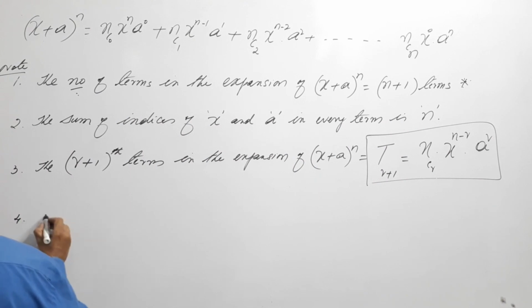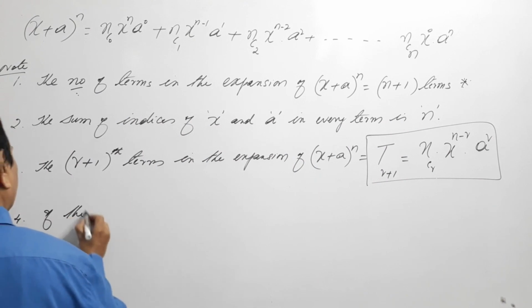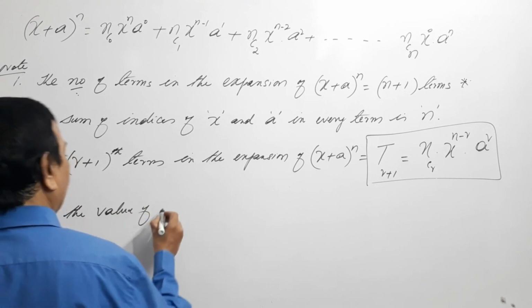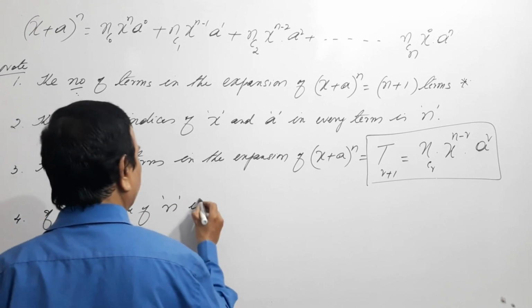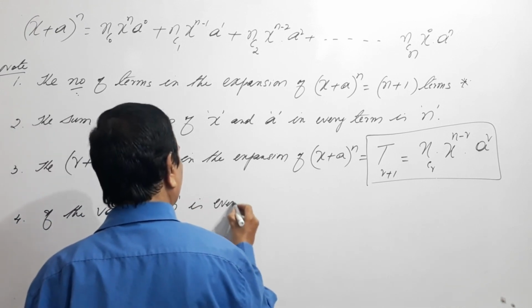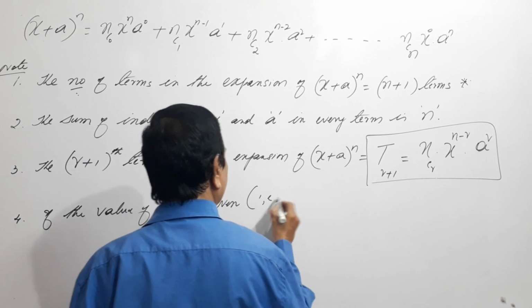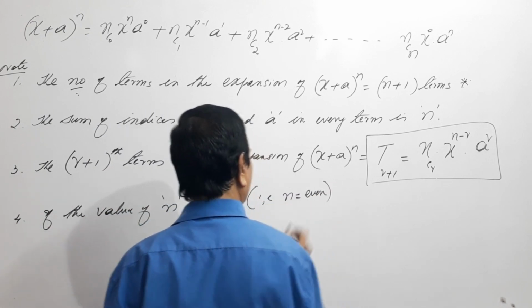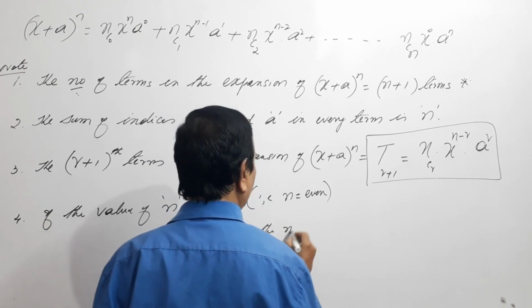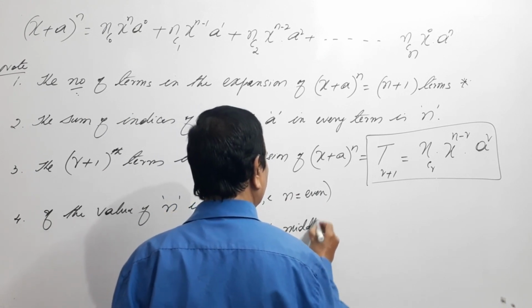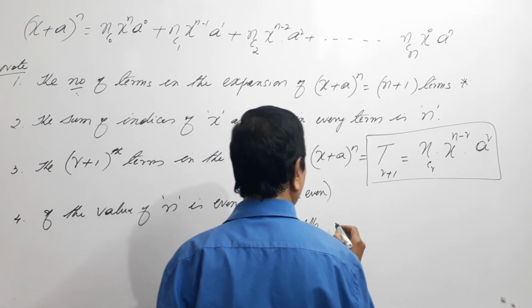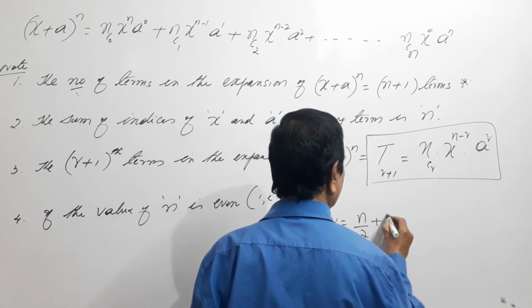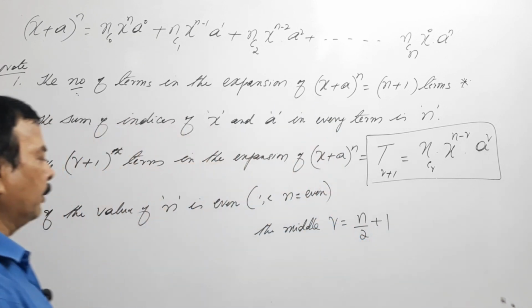Fourth point, if the value of n is even, that is n equals even, the middle term R is given by n/2 + 1. Remember this, I will explain to you.